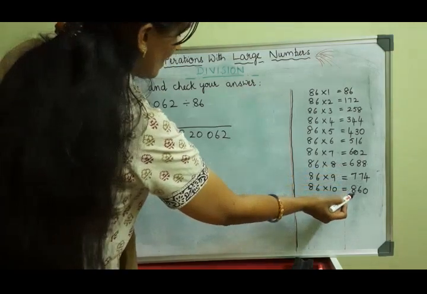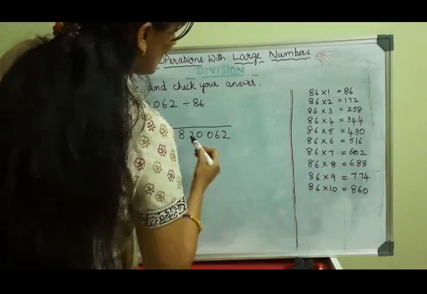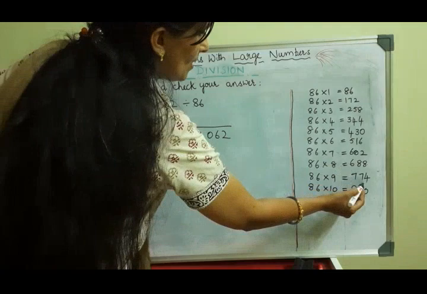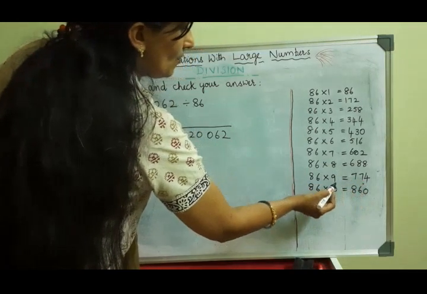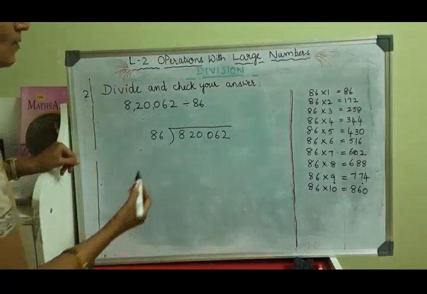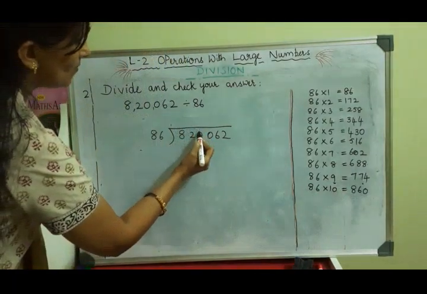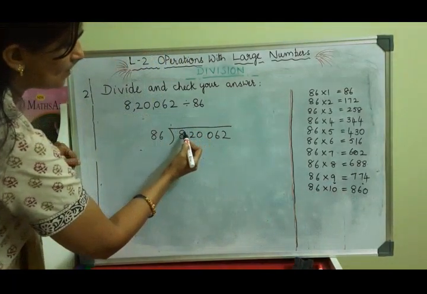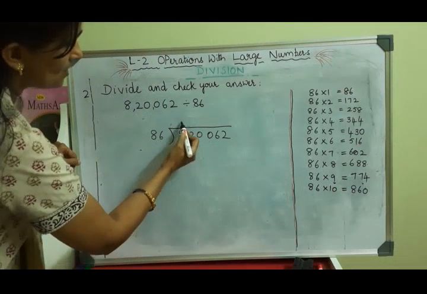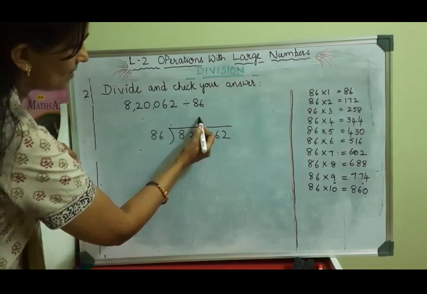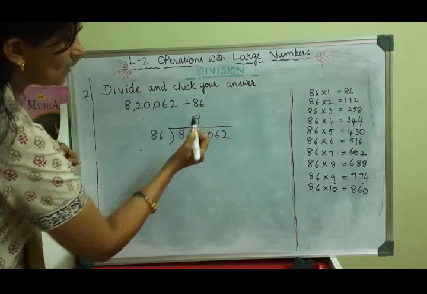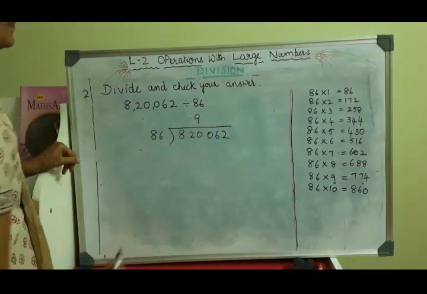It is 860 here, more than 820. Our number is between 774 and 860. Now we should select 9 as the quotient. Many of you have the habit of starting the quotient here itself. You are dividing 820, so you have to start your quotient above this 0.